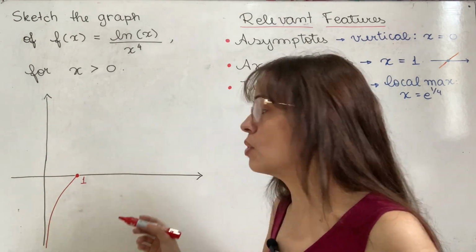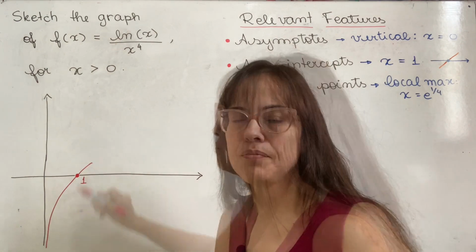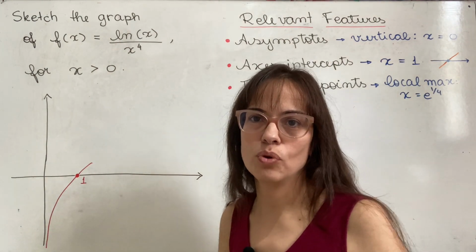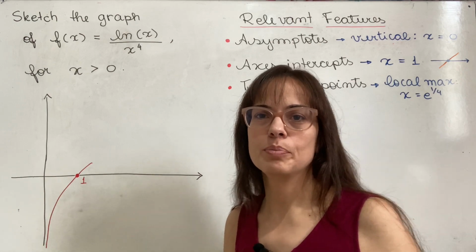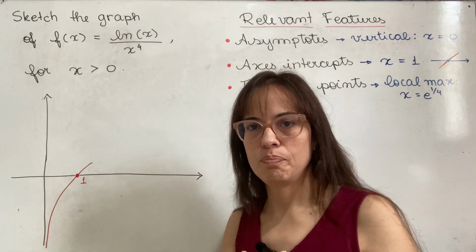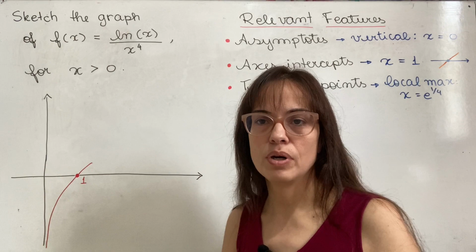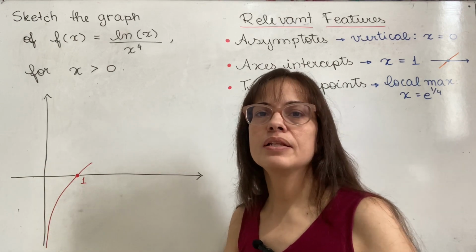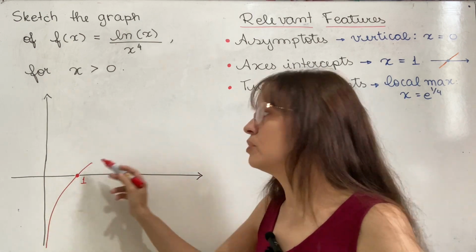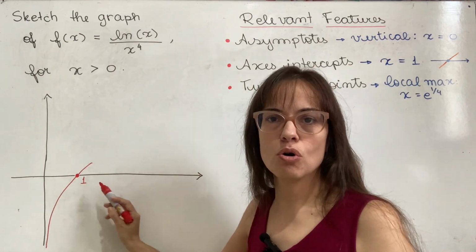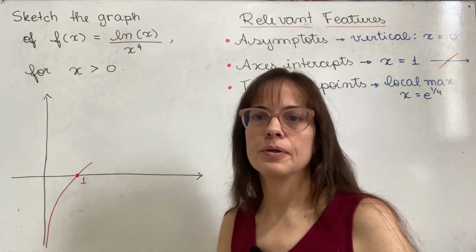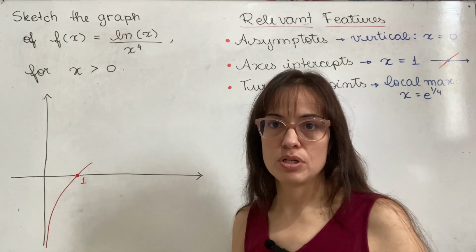Well, now it has to go up. Here's the thing. e to the power of 1 over 4 is not really a number that I know precise digits for, right? So in terms of doing a sketch, it doesn't really matter if I put it too big or too small because the scales of the axis don't matter when you're doing a sketch versus a drawing.